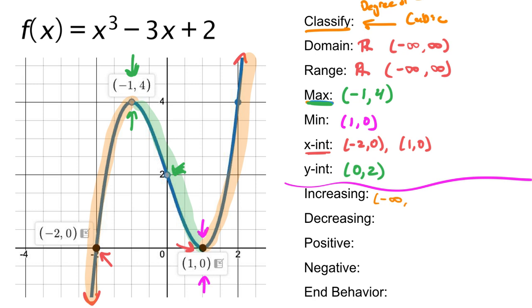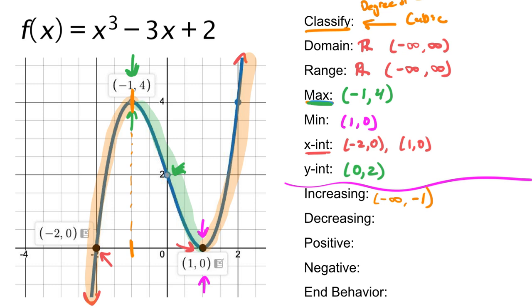And where does it stop increasing? Now, this is the part you've got to really pay attention to. We always use x values. So what is the x value where this graph stops increasing? Well, if I go all the way down here and look, it's at the x value of negative 1. Just be careful because I'm not numbering by ones across my x-axis. Each one of those blocks is worth 0.5.